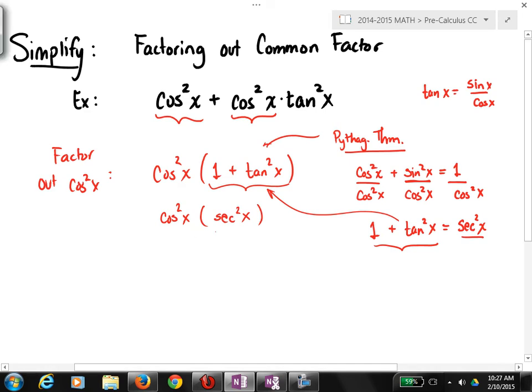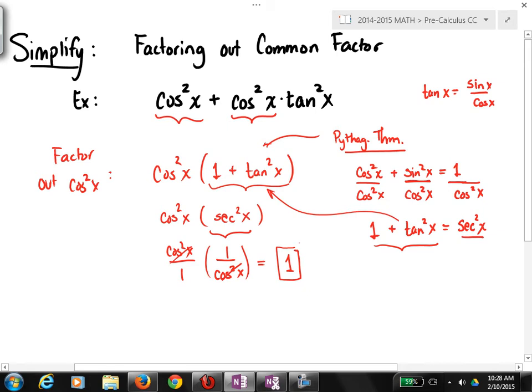So on this example, I'm going to rewrite it. I know I had it before as 1 over cosine squared, so I'm going to write it out as 1 over cosine squared of x. And again, the reason I did that is because what's going to happen with the cosine squares? Yeah, they're going to divide out. So my final answer is just going to be 1.